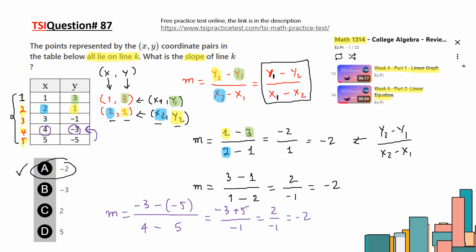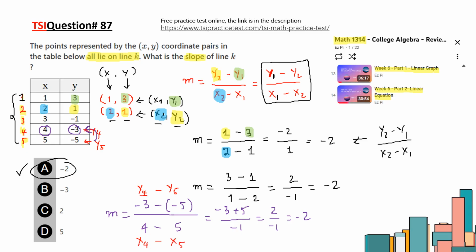See that? And even if you switch it, if I call this one y4 minus y5, y4 is the y value of point number 4, and this is y5, and this is x4 minus x5.